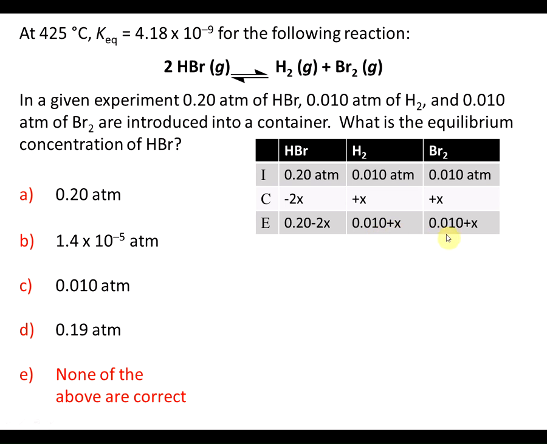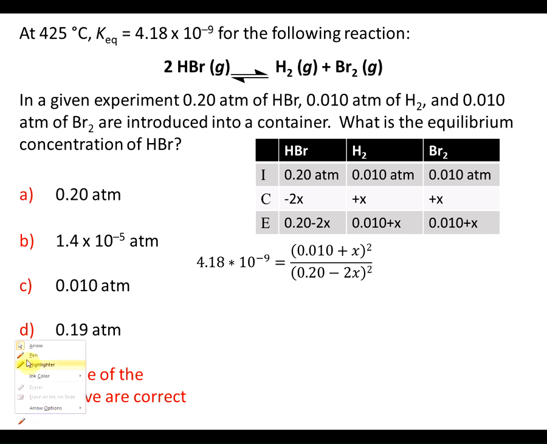Okay, so now I'm using my K value. So remember, our K is simply our products over reactants. And we're using pressure here in atmospheres. So the pressure of H2 times the pressure of Br2 over the pressure of the HBr.